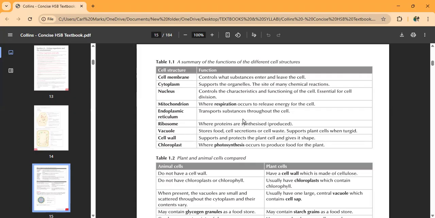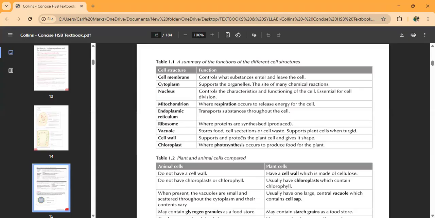These are like the little dots on the rough endoplasmic reticulum. What happens there is that the ribosomes produce protein. We call this synthesis. Just so you know the word photosynthesis, where light is used to make food in the plants. Protein synthesis happens in ribosomes.